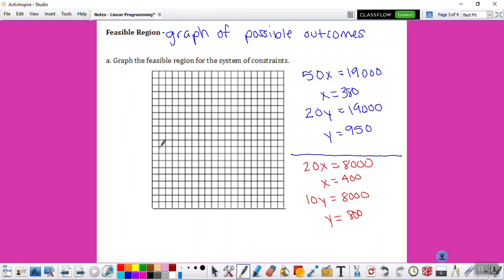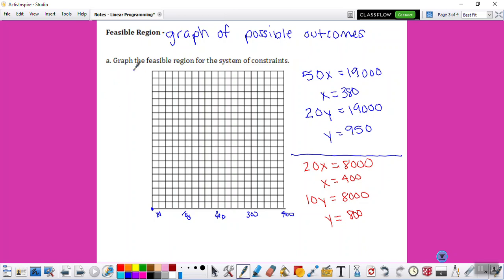Because we don't want any negatives, I'm going to treat this corner like my x and y axis, like this corner is 0, 0. And I'm going to graph the intercepts so that we can get all the way up to 400 for the x's. I'm going to count by 20s, so every 5 boxes is worth 100. And for the y's, I need to get up to 950.